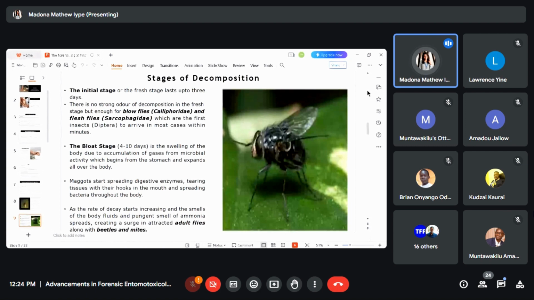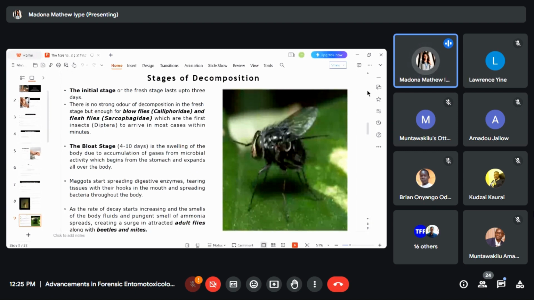So these gases start searching for a way to escape the body. Here, maggots start spreading digestive enzymes, and they start to tear tissues with the hooks in their mouths and spread bacteria throughout the body.